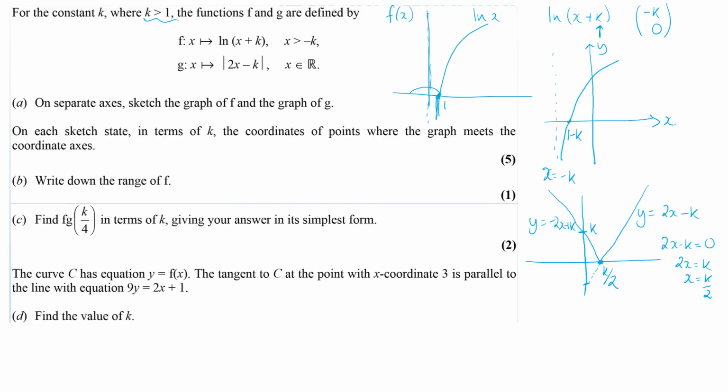Part B, write down the range of f. Now whenever it says write down, there's only going to be 1 mark, and you can just write it down. So when we're looking at the range, we're looking up and down the y-axis and seeing where this graph exists. Even though it slopes over, it does keep increasing and extending, and the same going down the way.